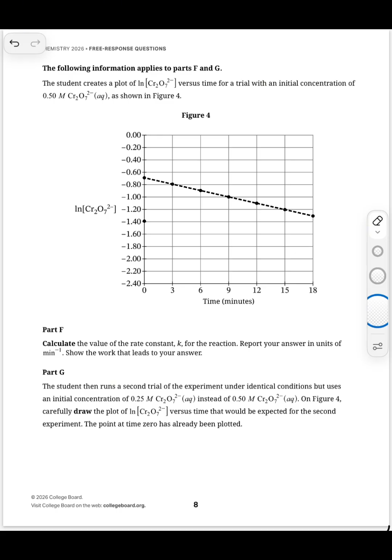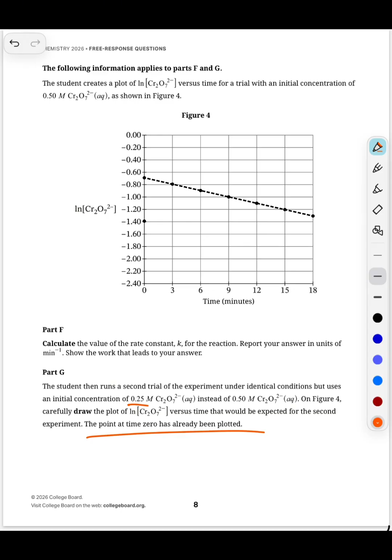So K is constant, assuming we're not changing anything else. So we're going to have our new initial point, and they already plotted that point for us. Now we just have to say how all of these new points are going to compare. These two lines should be parallel to each other.